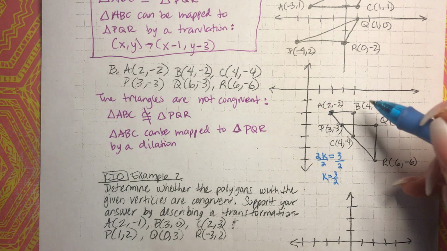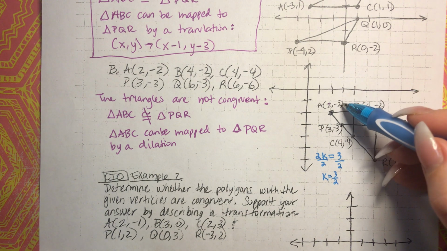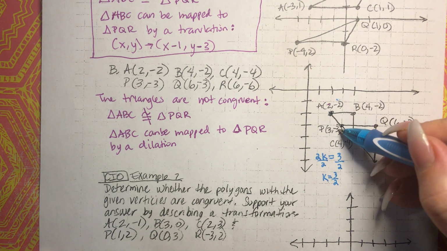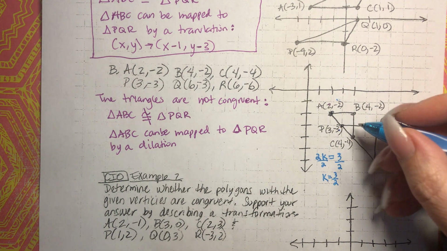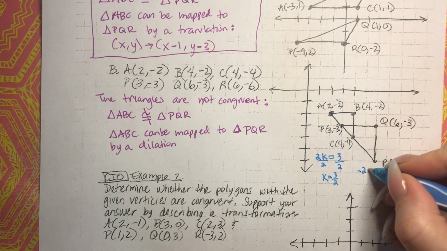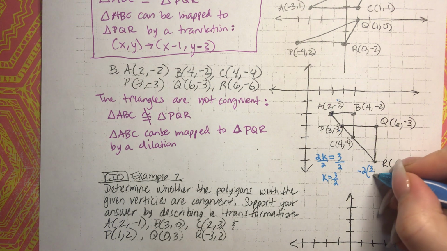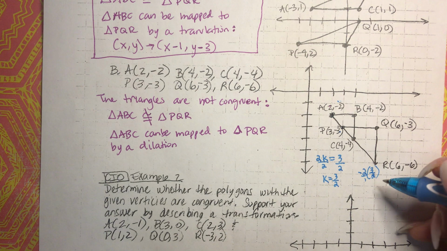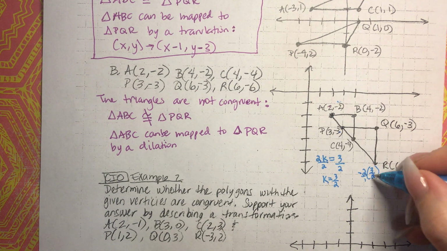And then we say, okay, does that same thing happen for the y value? So if I take -2 and I multiply it by this scale factor, I should get -3. Does that happen? So if I take -2 and I multiply it by the scale factor of 3/2, well, what's going to happen? We're going to look to cross cancel, right, by multiplying these fractions.